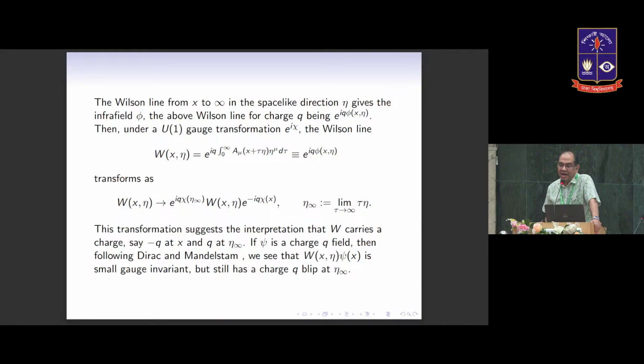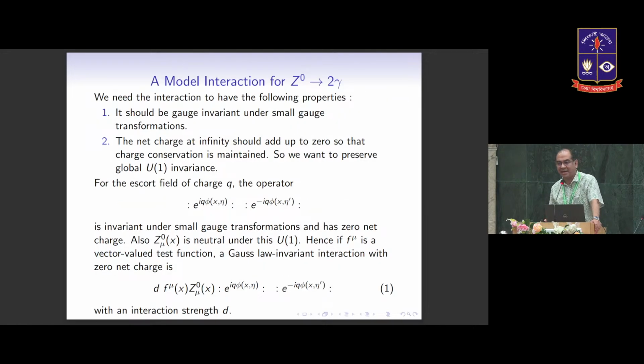So, since I will have two charged particles, I will have to dress each of them with these two Wilson line operators. Now, what happens, you may remember I had mentioned, how much time? Okay, I think I'll be able to make it because I'm not going to give you the calculational details. So the idea is that if you want to have a well-defined operator, those of you familiar with a little bit of scalar field theory quantization know you have to normal order it.